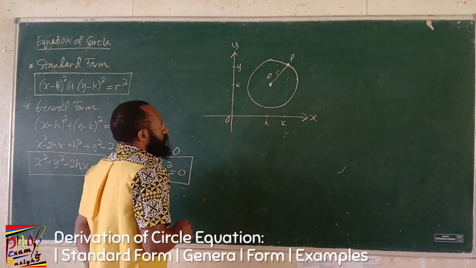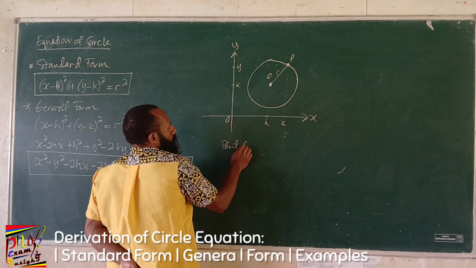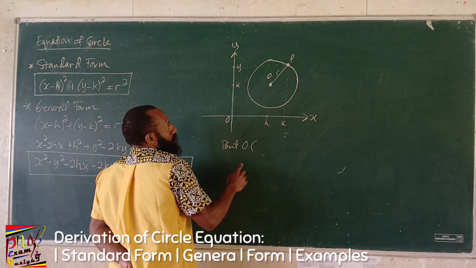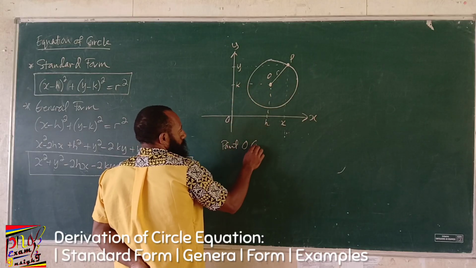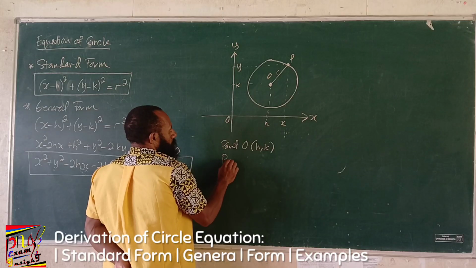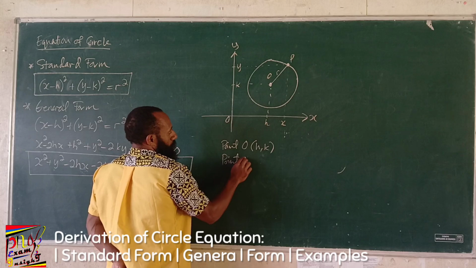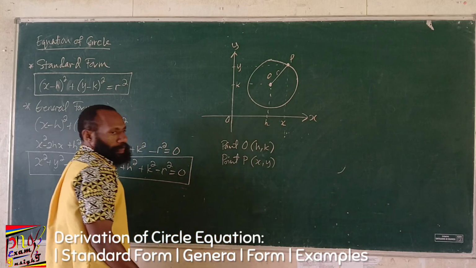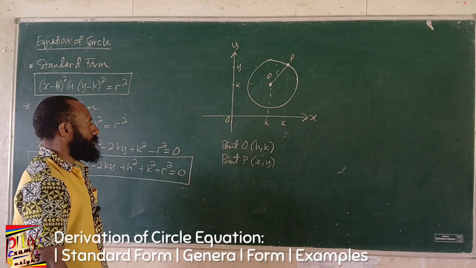The coordinate of center O is H and K, and point P has coordinate x and y. We want to find the radius now using the distance formula.